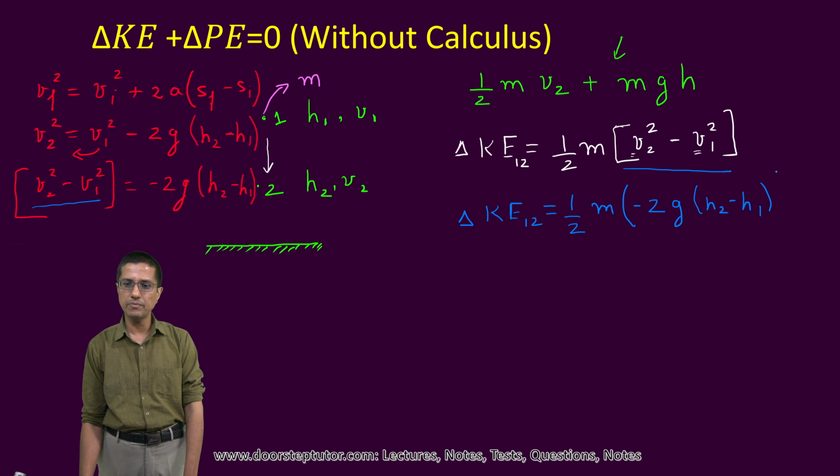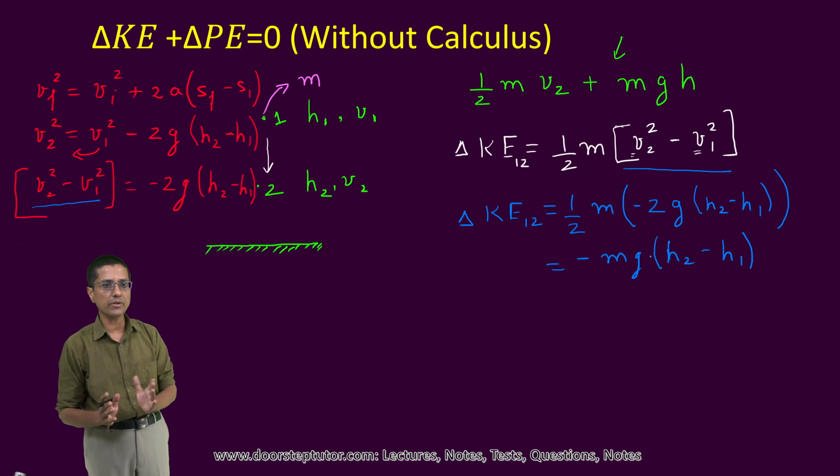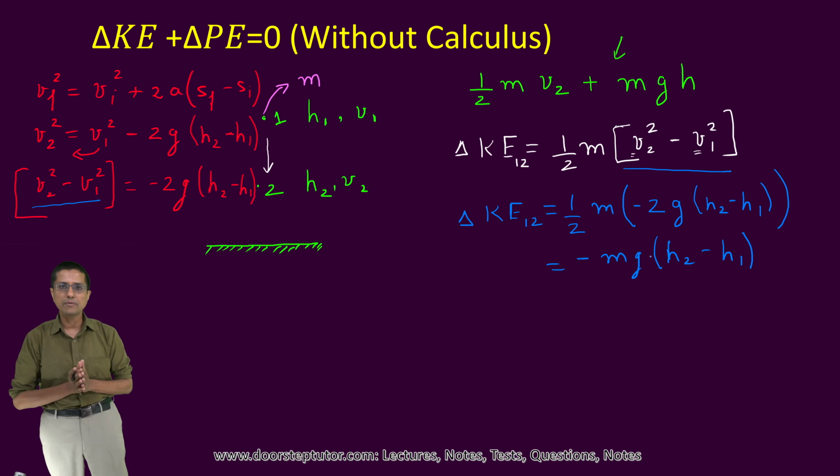Then the 2 and 2 cancel, and this becomes minus mg times (H2 minus H1). Very simple, so this is what it comes down to.